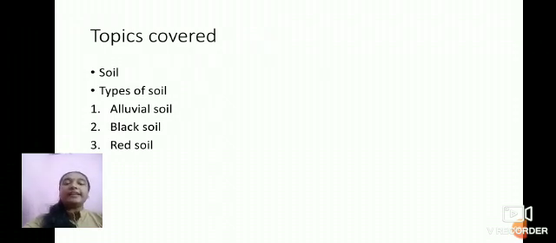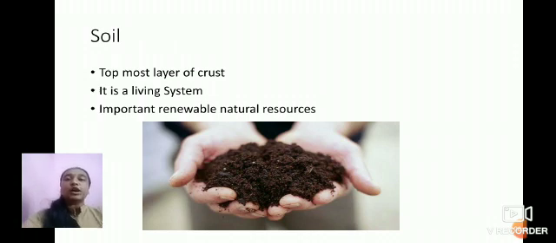There are a variety of types of soils, but I am going to cover only three types: alluvial soil, black soil and red soil. Soil is the most important layer of the crust, and it takes millions and millions of years for the formation of soil. Why is this soil necessary for us?